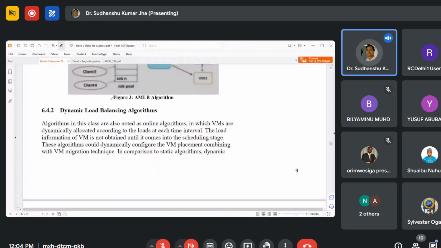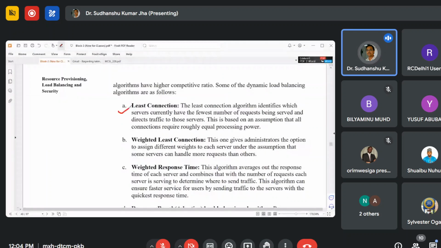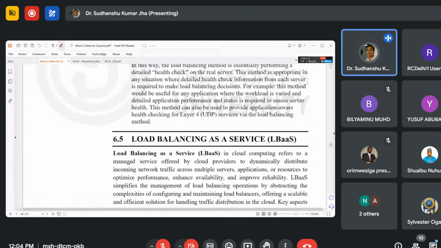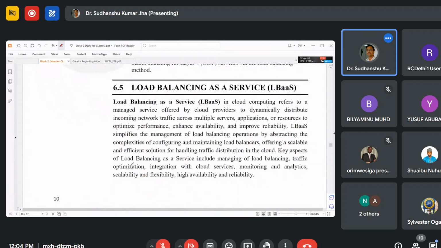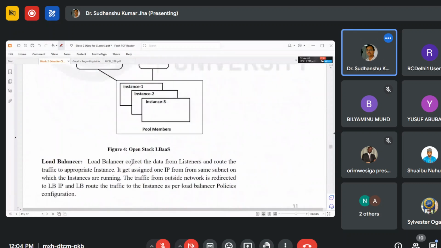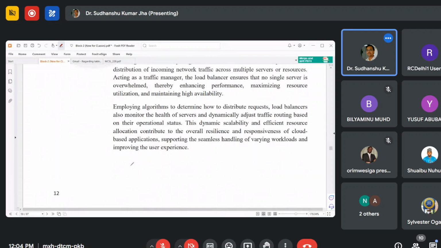Similarly, in dynamic load balancing, based on certain circumstances like least connection and weighted response times, it calculates where the traffic should be diverted. So this is all about load balancing.